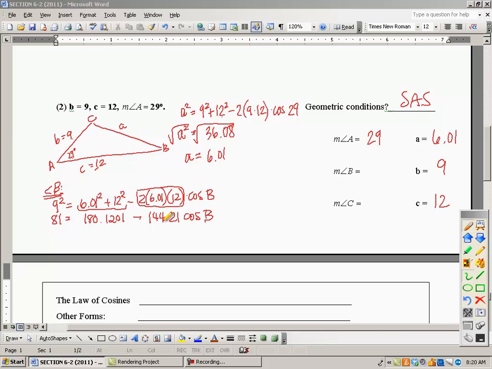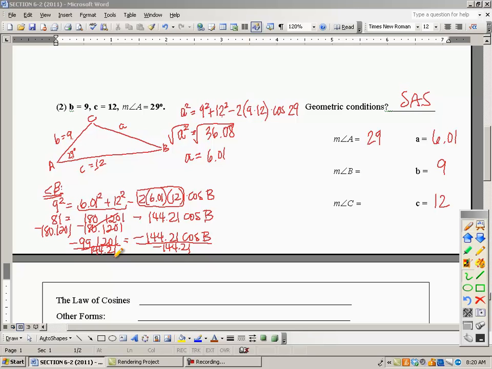The 144 is tied with the cosine. So we've got to get rid of the 180.1201 on both sides. You get negative 99.1201 equals negative 144.21 cosine of B. We divide by negative 144.21.